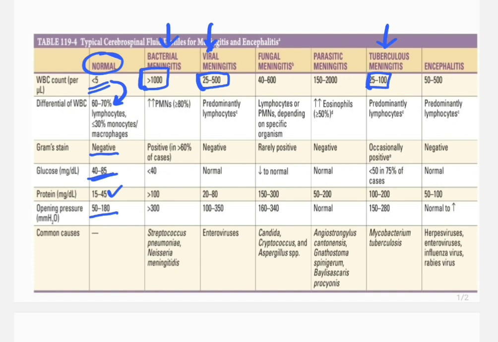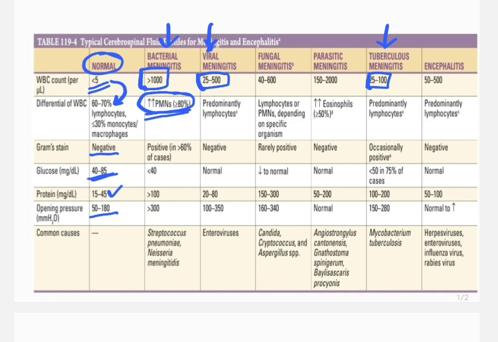Regarding the differential WBC in cerebrospinal fluid, in bacterial meningitis it is mostly polymorphonuclear cells or neutrophils, but remember, if the patient is partially treated or the bacterial meningitis is chronically present, then this polymorphonuclear predominance will change and lymphocytes may predominate.